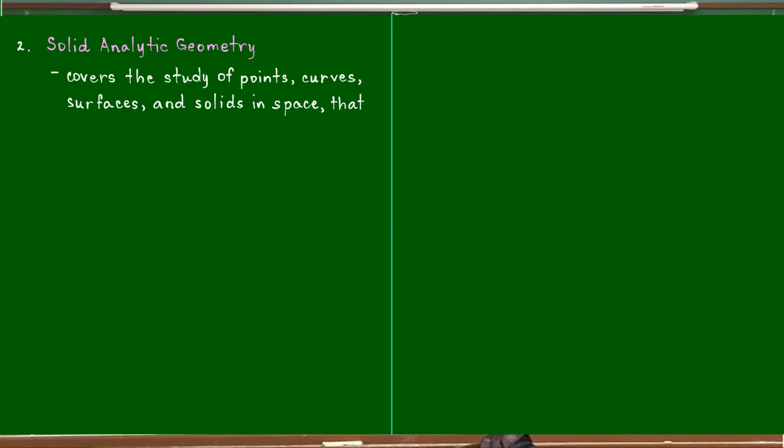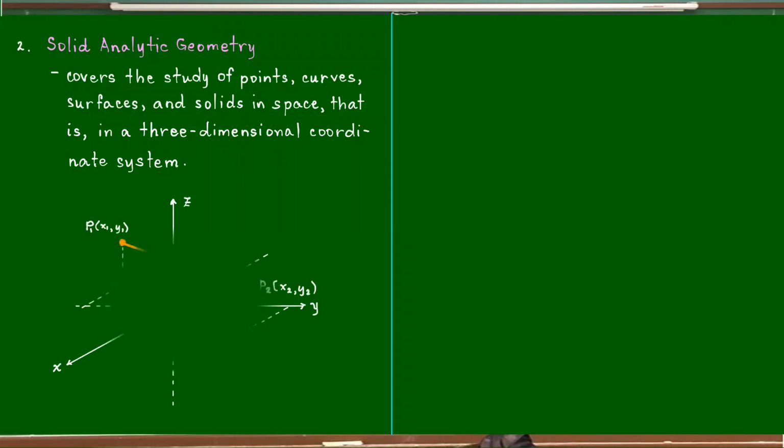Now, when we say in space, it means in a 3-dimensional coordinate system. So here we have a rectangular coordinate system. Shown in this 3-dimensional rectangular coordinate system, we have a line segment connected by 2 points, and it is floating, as you can see.